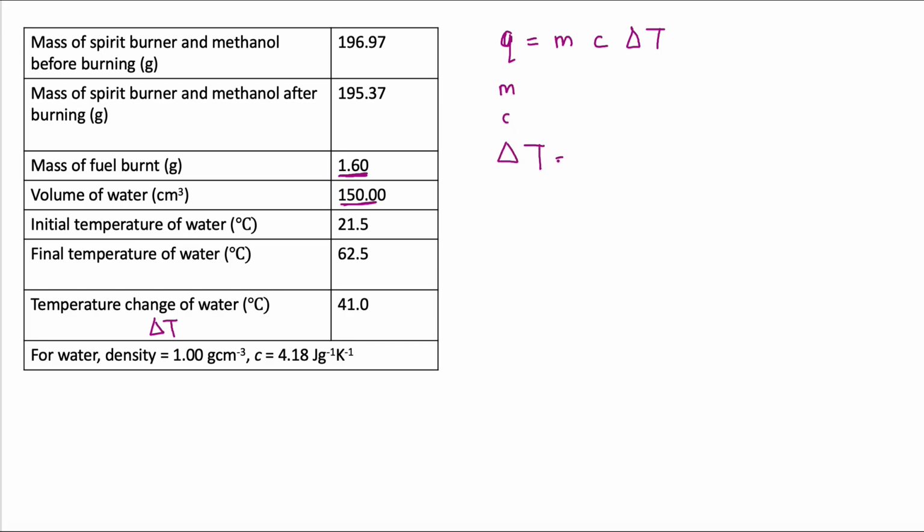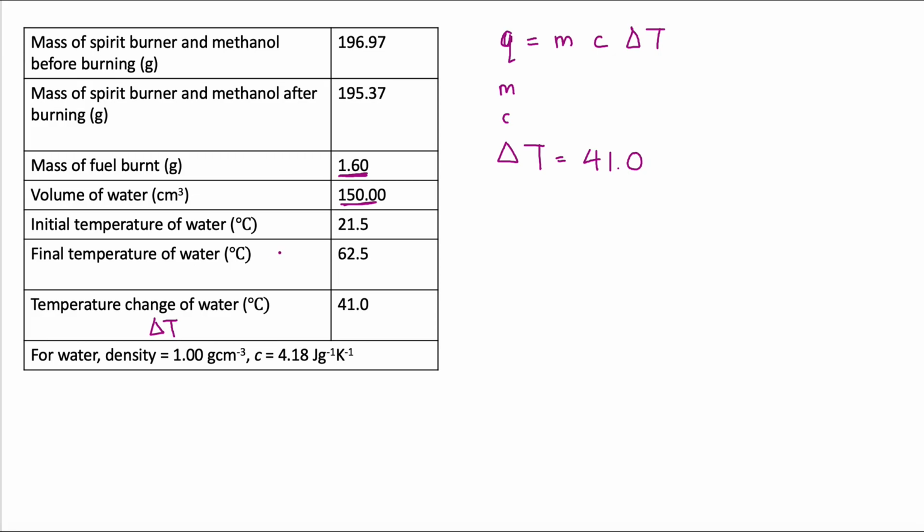Delta T we've already calculated by doing the final temperature minus the initial temperature, so that is 41. Just bear in mind, I'm going to mention this again, the temperature here has been measured in degrees Celsius. You don't need to convert to Kelvin because we're working out the difference. The difference is going to be the same whether these values are in Kelvin or in degrees Celsius.